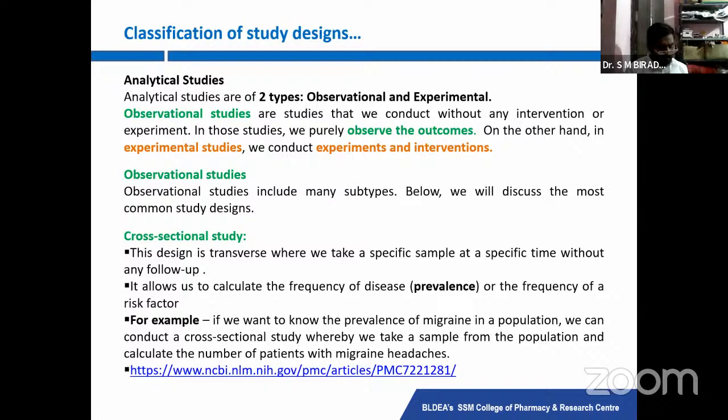You might have been exposed to this when you do a review of literature as a part of the PhD program, the PG program or project work. During the review of literature, we are exposed to many different types of studies.